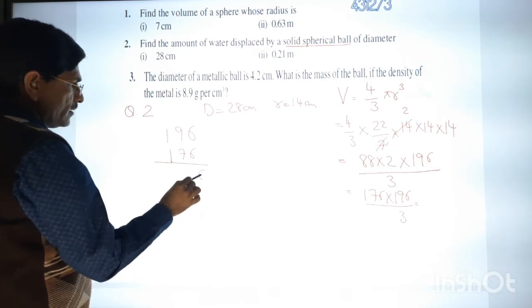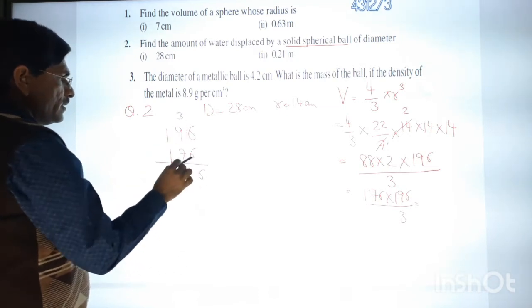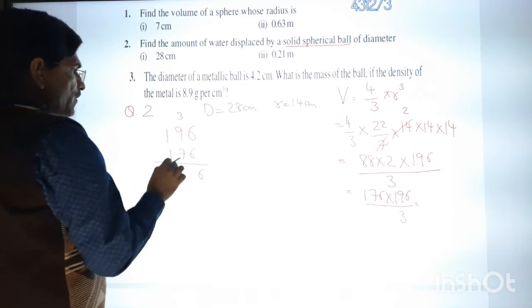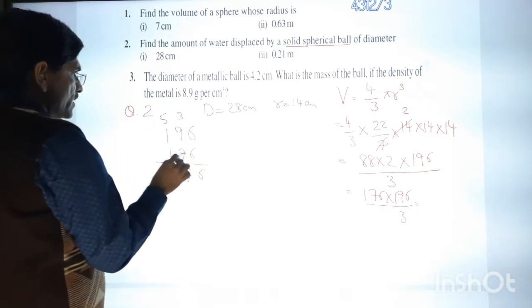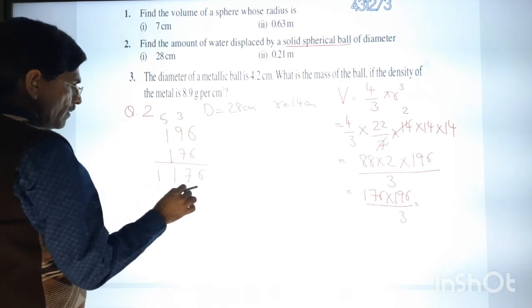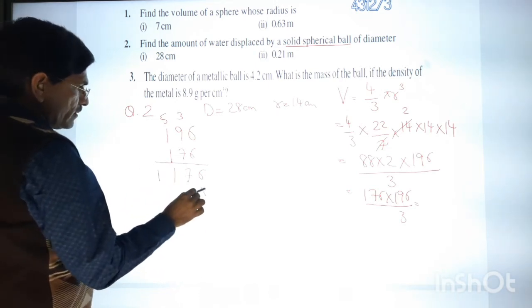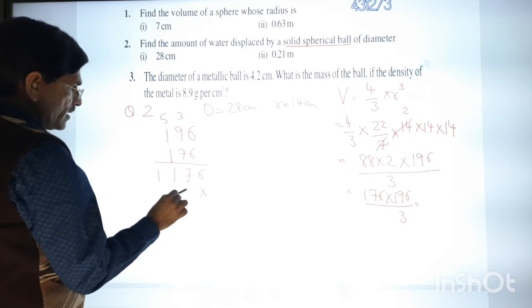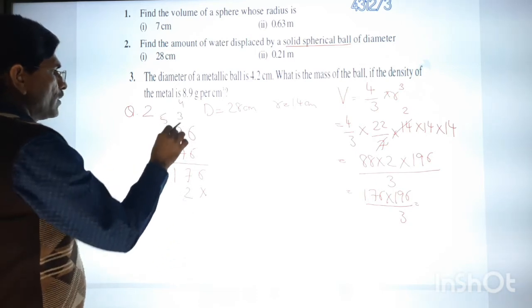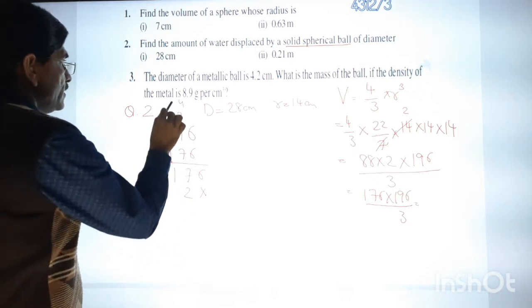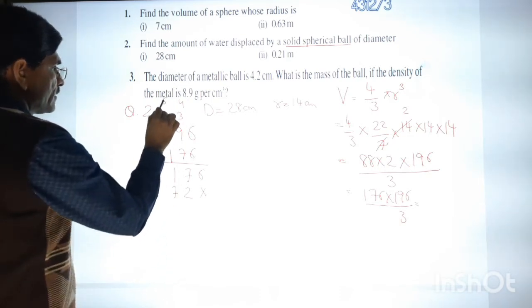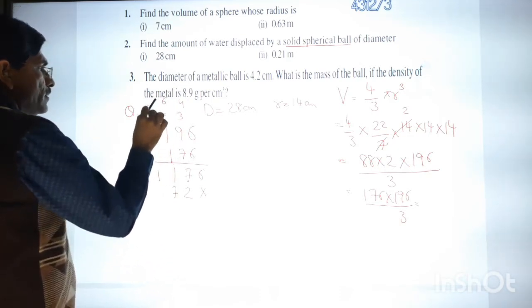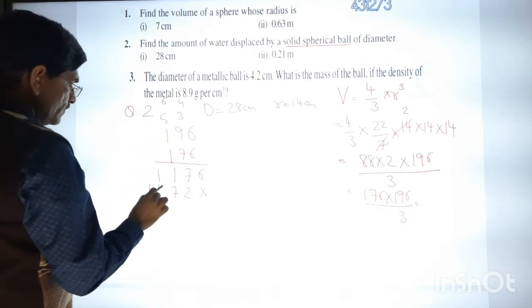6 sixes are 36, 3, 9 sixes are 54, plus 3, 57, 6 ones are 6, 5 and 1 are 11, plus 5, 11. Again 1, 7 sixes are 42, carry 4, 7 nines are 63, plus 4, 67, carry 6, 7 ones are 7, plus 6, 13.